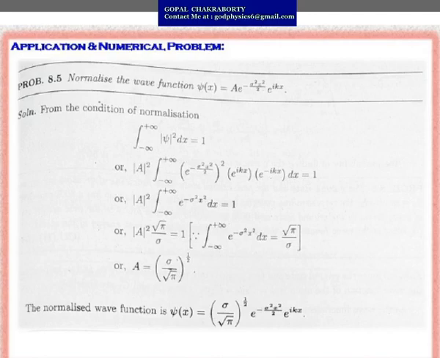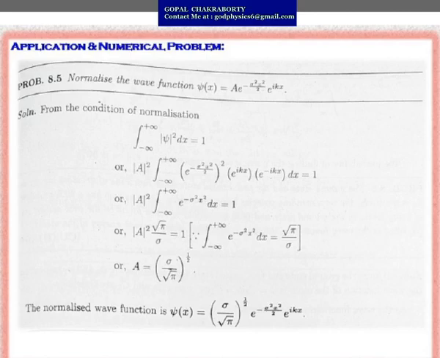So mod of A square, integration minus infinity to infinity, e to the power minus a square x square by 2 whole square, e to the power i k x into e to the power minus i k x dx equals 1. The second part, e to the power i k x into e to the power minus i k x, becomes e to the power 0, that means 1.